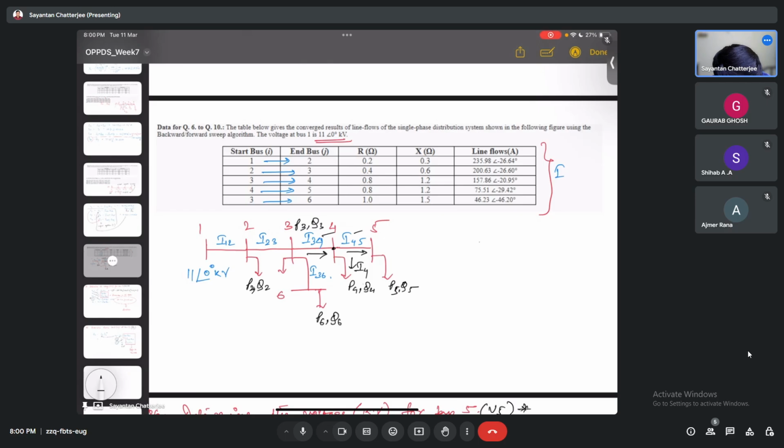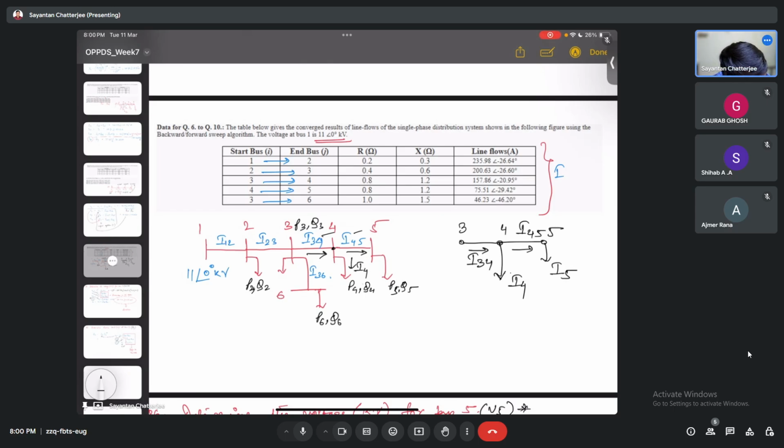This is node number 4, this is node number 5, this is node number 3, and from 4 we have a load connected here. This is drawing a current of I4, and there we have another node where the current drawn is I5. The line current flowing is I34 here, and the line current flowing, which is the same as I5 itself, is I45.